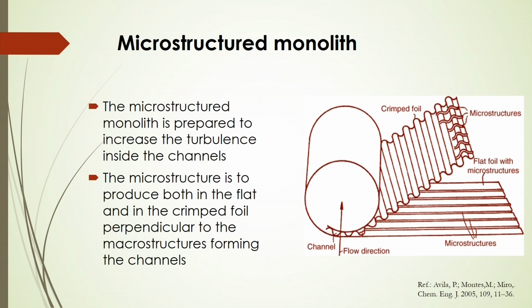The microstructure is produced in both the flat as well as the crimped foil, which may be perpendicular to the microstructure forming the channels, as shown in the figure, as reported by Avila in 2005.